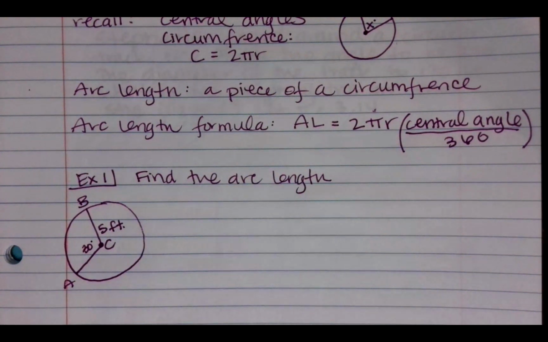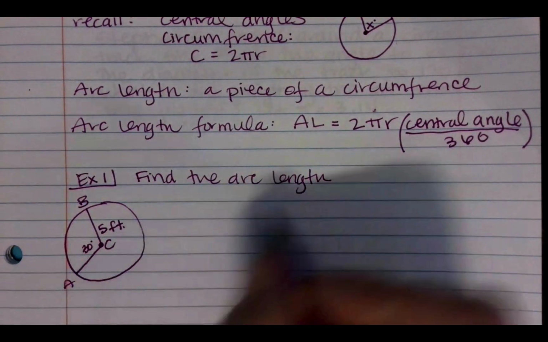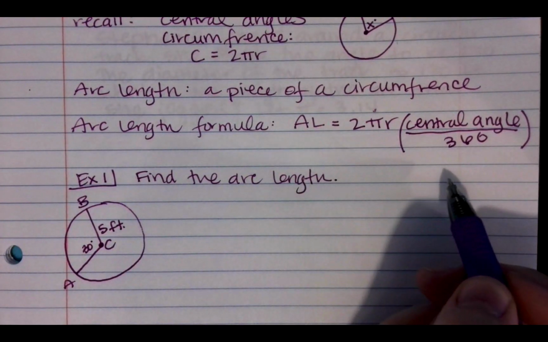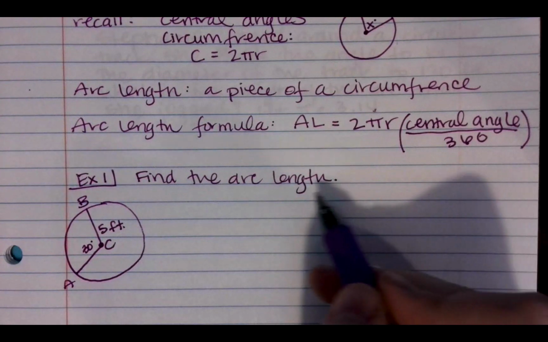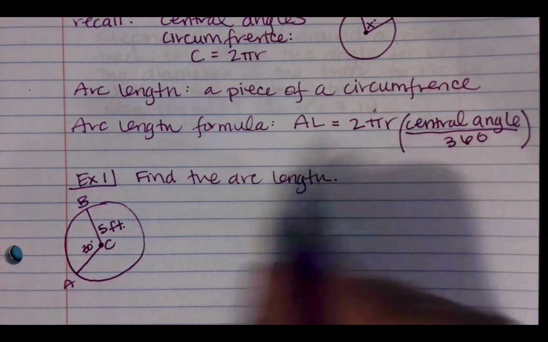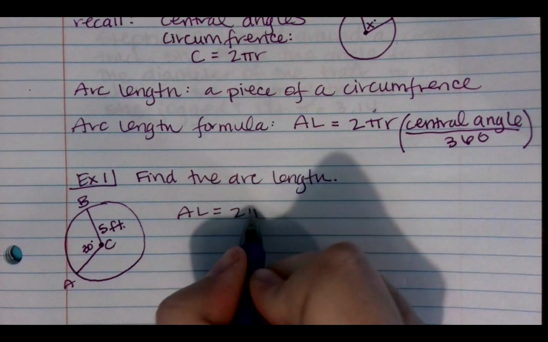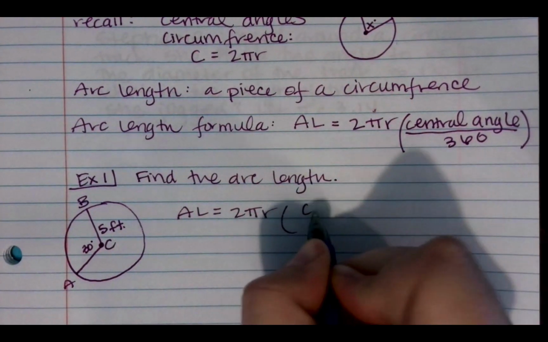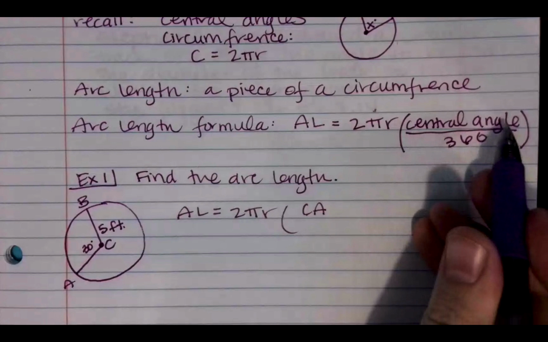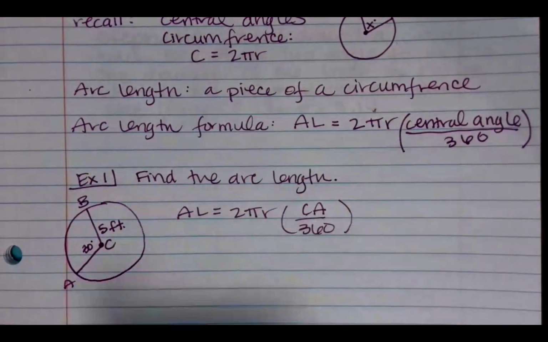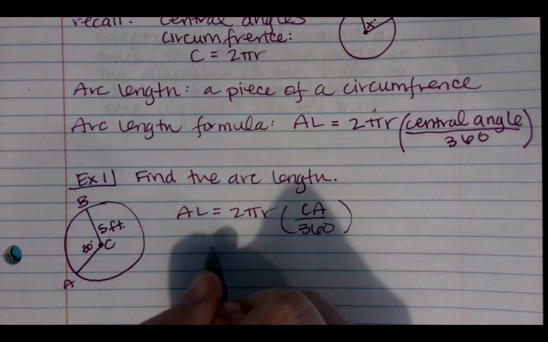We're just going to plug everything into our calculator. Now, the directions here did not say to let pi equal 3.14. That means I'm just going to let pi be pi. So our arc length is going to equal, I'm just going to rewrite the formula, 2 pi r. I'm going to put CA for central angle over 360. And I'm just going to plug everything in.